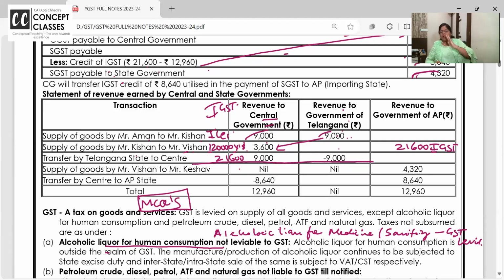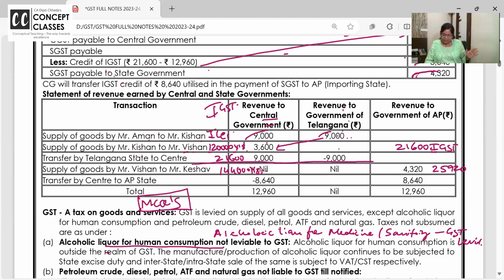Now again the goods went to Andhra Pradesh. Yeah, right. And now it is 1,44,000 into 18%. Do it. 1,44,000, 120 plus 20%, into 18%. 25,920, minus 21,600.